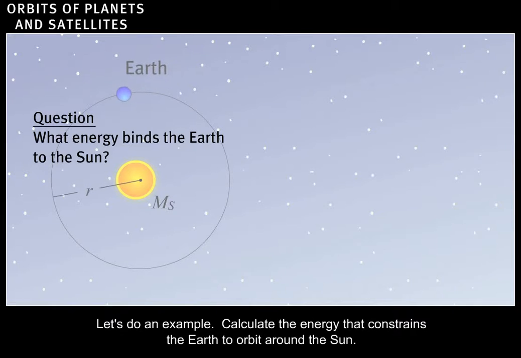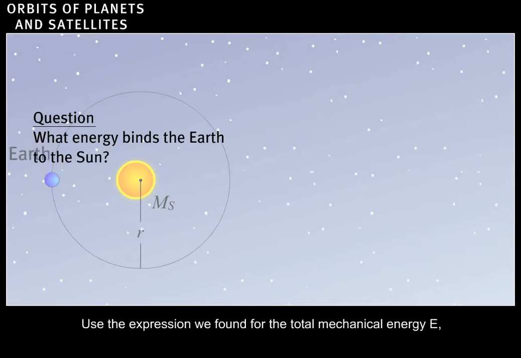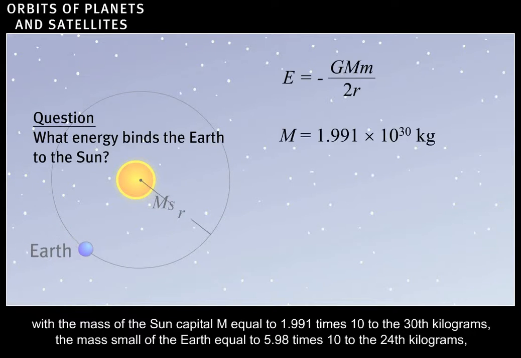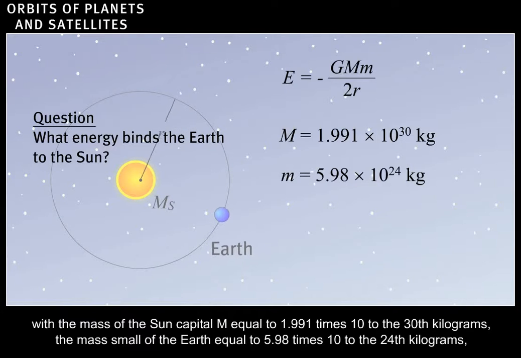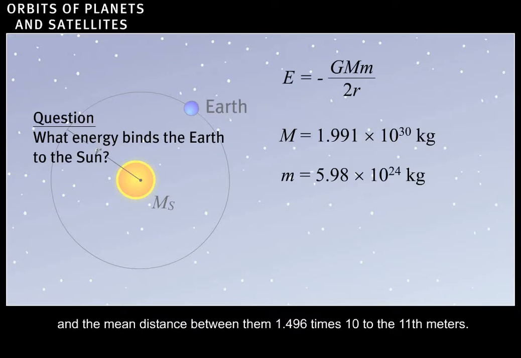Let's do an example. Calculate the energy that constrains the Earth to orbit around the Sun. Use the expression we found for the total mechanical energy E, with the mass of the Sun, capital M, equal to 1.991 times 10 to the 30th kilograms, the mass small m of the Earth equal to 5.98 times 10 to the 24th kilograms, and the mean distance between them, 1.496 times 10 to the 11th meters.